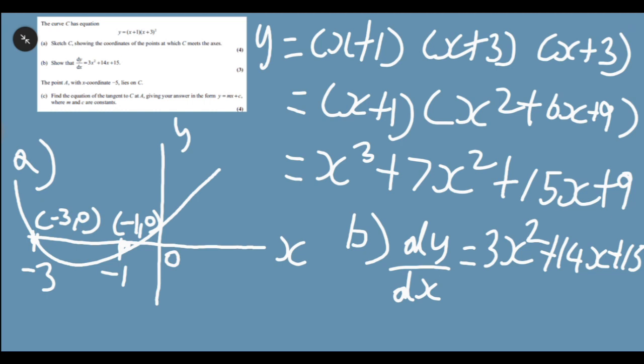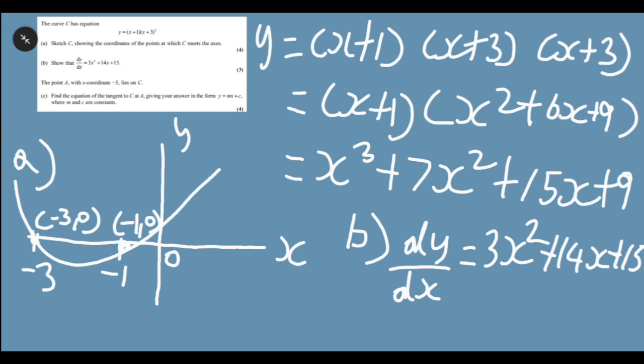Now question C states, the point A has an x coordinate of -5 and this lies on C. We have to find the equation of the tangent to C at A, giving your answer in the form y is equal to mx plus c, where m and c are constants.